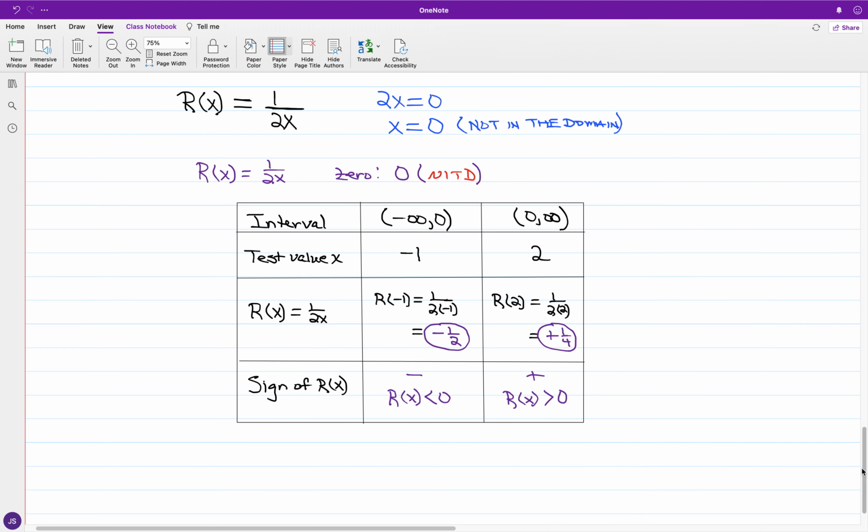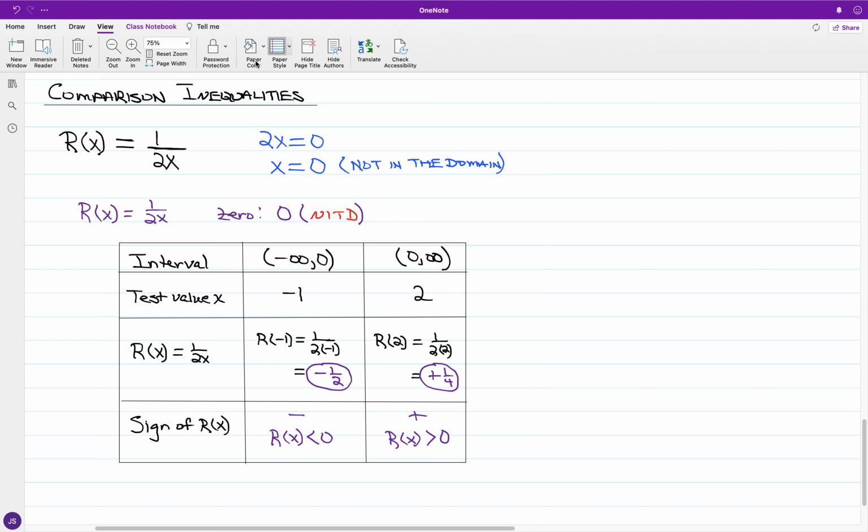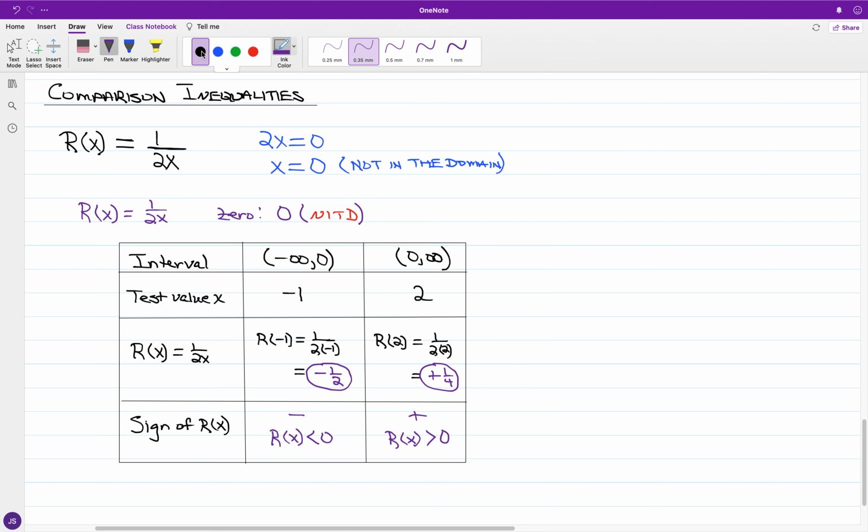All right, so just working with our possible inequality scenarios. For 1 over 2x is less than 0, so you have r of x is less than 0.